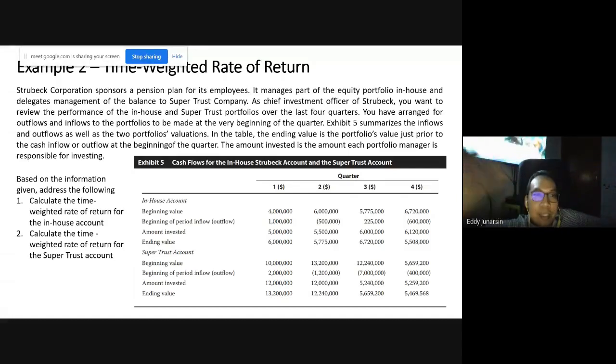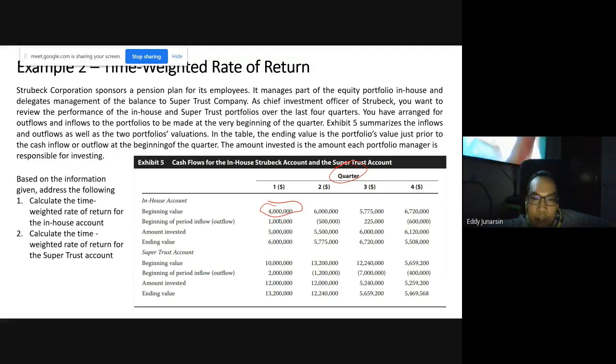It's clear. So time weighted return. Let's see an example here, the quarterly performance. So beginning value, or the end of year zero, the investment made was 4 million.